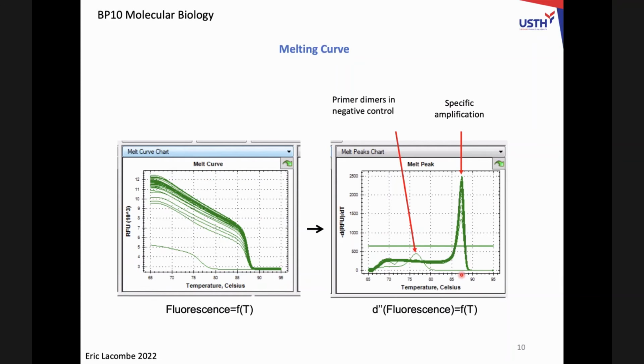Anyway, they are different. And if you analyze the melting curve, instead of having one peak, you will have two peaks. So the melting curve here, we use it to know if there is contamination during the reaction.